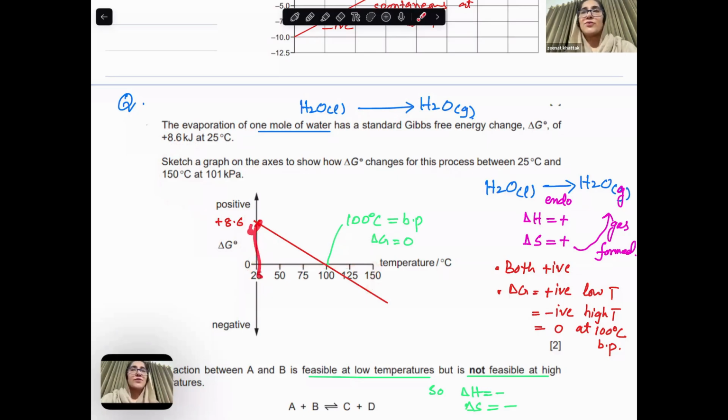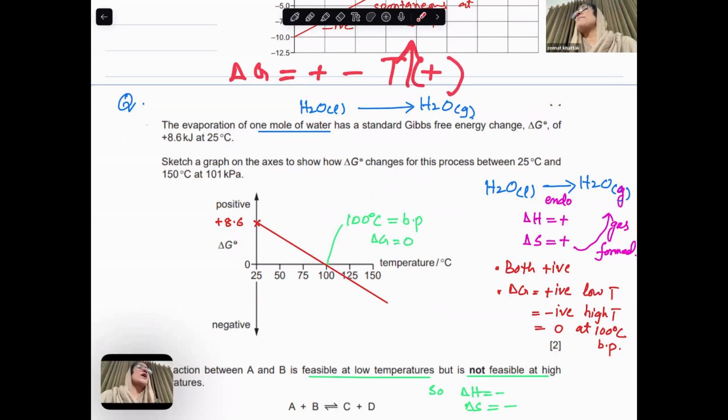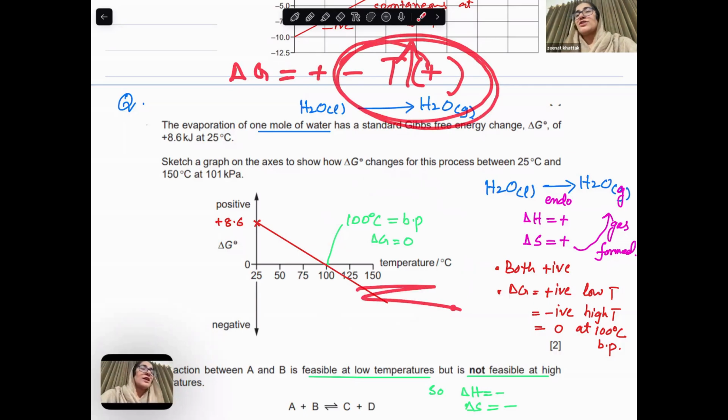So at 25 it was water turning into gas, and as the temperature increases it becomes less positive. At 100 the delta G would be 0. Above 100, when it is gas and the temperature is more, the delta G is equal to delta H minus T delta S. When the temperature is more, the negative factor is large, so the delta G is negative.